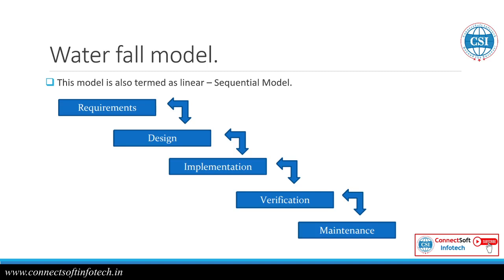We go for the prototype model whenever the customers are not sure about the requirement. So at that time he checks the model, evaluates it and adds features. Once all the features are added and the customer says all my features are added and now it's okay, then we go for the actual development.